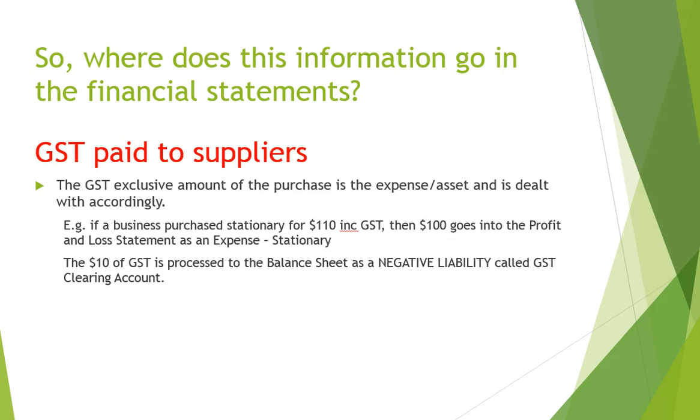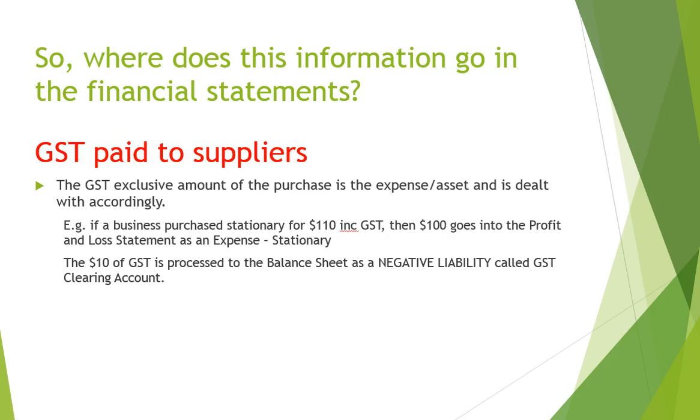So if a business purchased stationery, it's a consumable, it's an expense. For $110 including GST, then $100 of that goes into the profit and loss statement as an expense to stationery. The $10 of GST is processed to the balance sheet as a negative liability called GST clearing account.